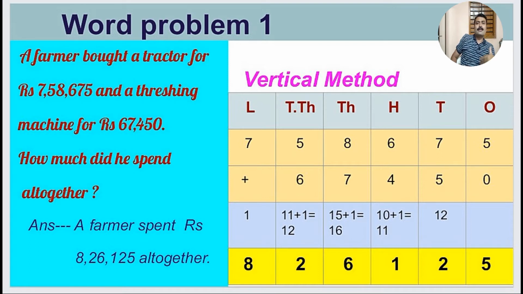Or you can remove how much did, these two words, and replace them with our answer, that is rupees 8,26,125 he spent altogether. In this way you can complete the answer of this first word problem that we gave as an example here.